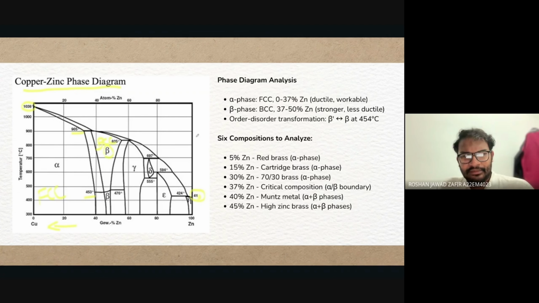At the same time, we have beta phase, which is BCC, which is about 37 to 50% of zinc, and it makes the alloy stronger. We also have six different compositions to analyze, which again will be explained by my teammates later on in the video.